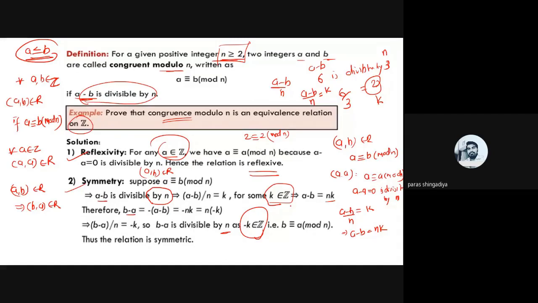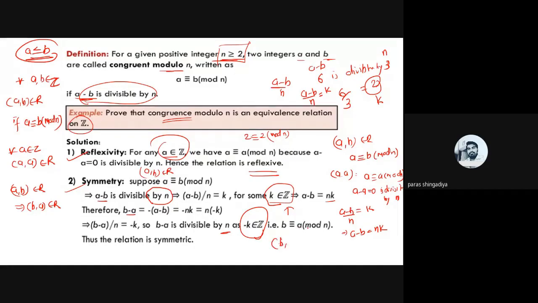As you know k belongs to Z, so minus k also belongs to Z. Okay, if 2 belongs to Z, so minus 2 also will exist in Z. Clear? So it is correct for any number. So b − a is also divisible by n, and therefore we can say that b is congruent to a mod n. Clear? And that is our required result.